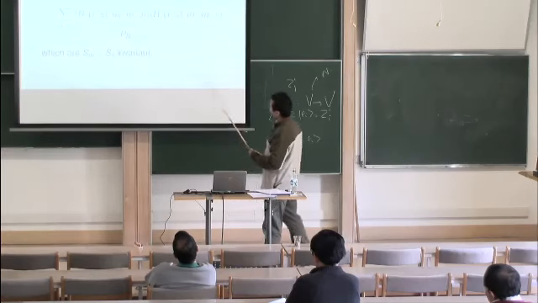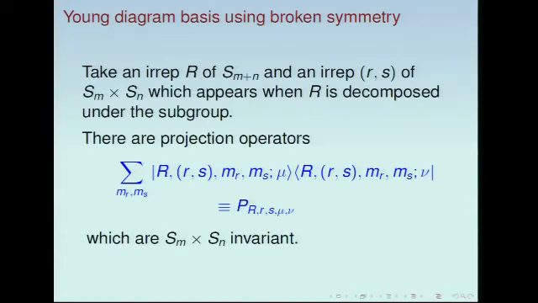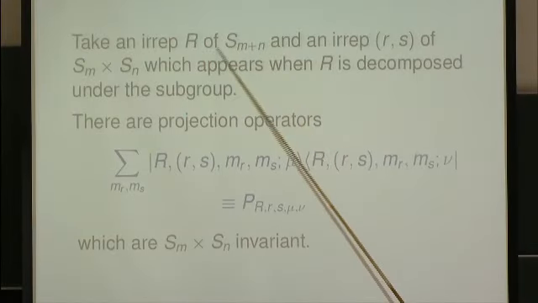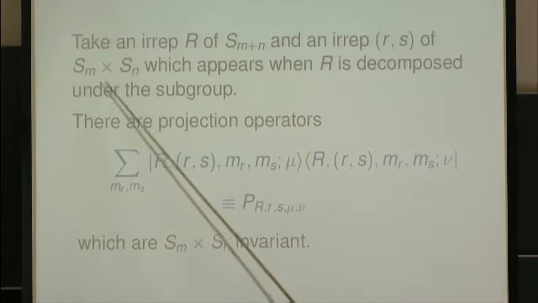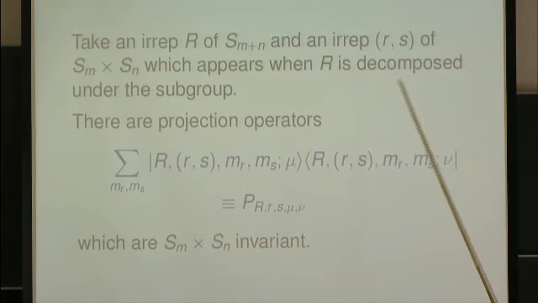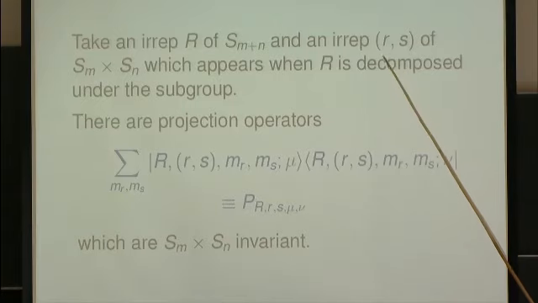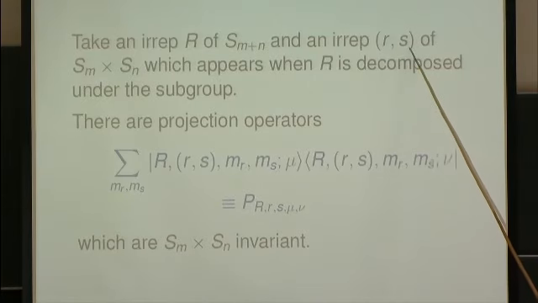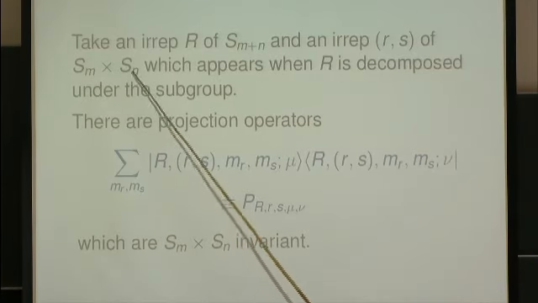So that just tells us that in order to think about the operators, we should think about the group theory of S_{m+n}, and representations of that are related to representation Young diagram R with m plus n boxes. And we should think about breaking that symmetry S_{m+n} to S_m cross S_n, and representations of that subgroup are described in terms of a pair of Young diagrams with m and n boxes respectively.